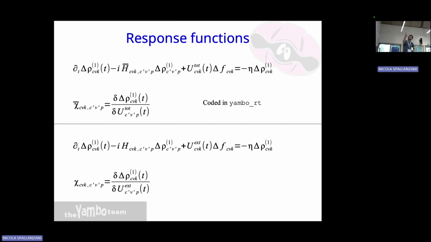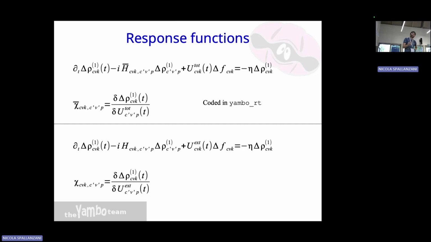Now, let me talk again about the chi bar and the connection with the response function. Now I propagate this equation, and then I take the variation of the density with respect to the total field. I get this chi bar. This is equivalent to propagating the equation of motion with the Coulomb component.